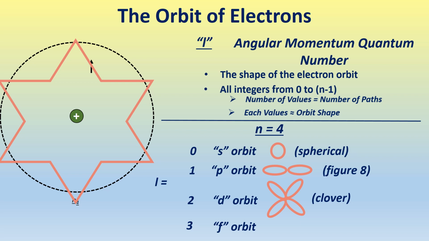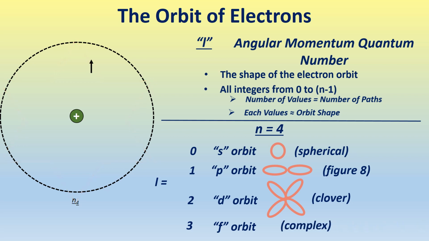The meaning, historically, of the letters s, p, d, and f had to do with the spectrum emitted by the atom as the electrons moved. The shape of the lines that were seen in the spectrum: s indicated a sharp transition, p, principal, d, diffuse, and f stood for a fundamental line shape.